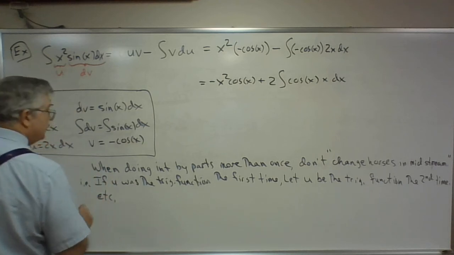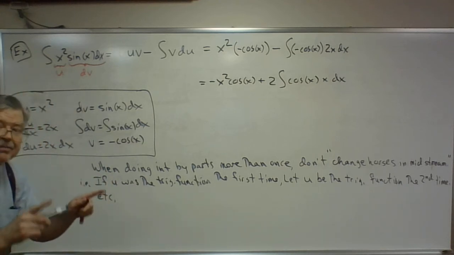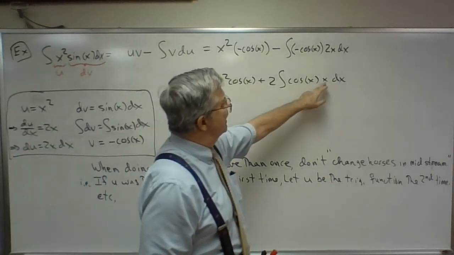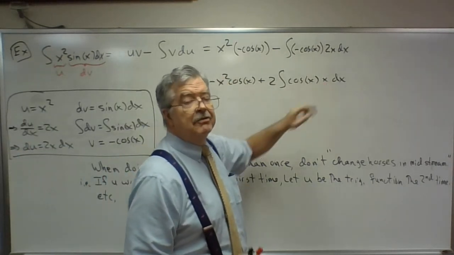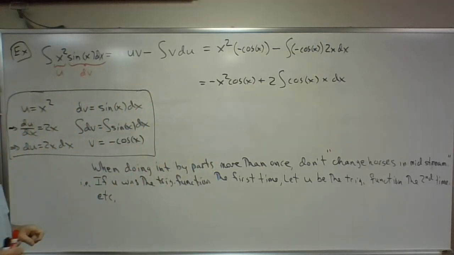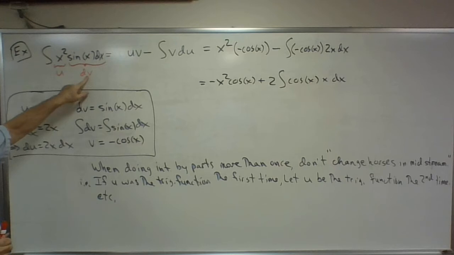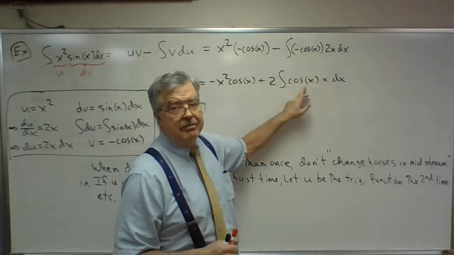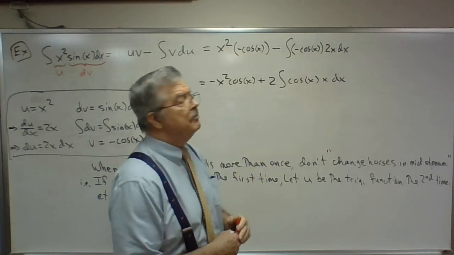Now, I'm not saying that u is going to be the same trig function each time. But the first time, u was a monomial. So the second time, u should be a monomial also. The first time, dv was a trig function. So the second time, dv should be the trig function also.